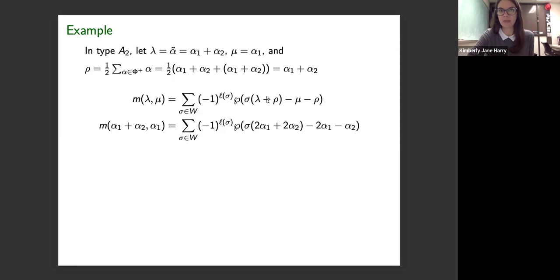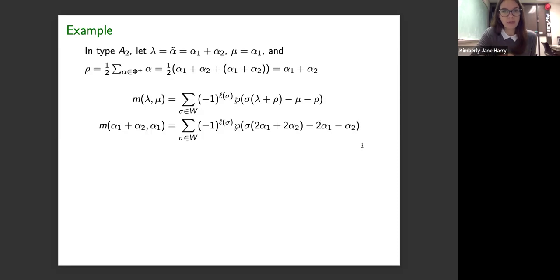If I add these two up, I have 2 alpha 1s and 2 alpha 2s, so that's what happens here. And then notice that I have a negative alpha 1 from my mu, and another negative alpha 1 from my rho. So I have negative 2 alpha 1s and a negative alpha 2.